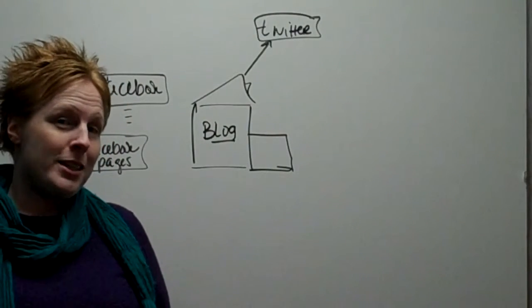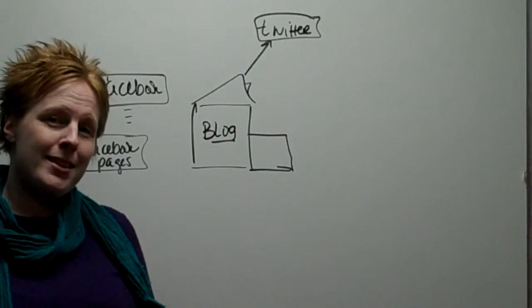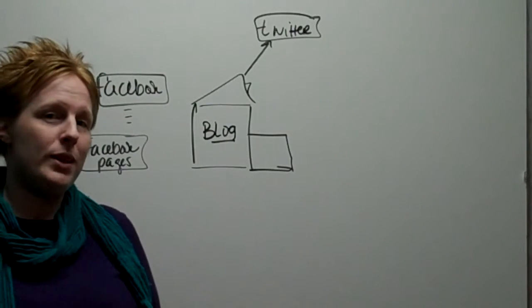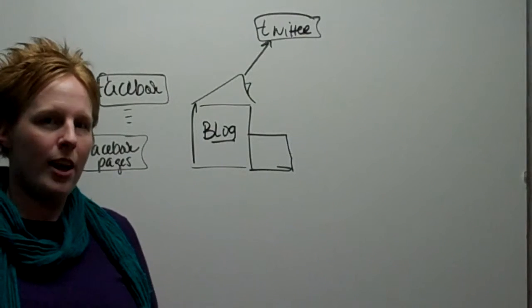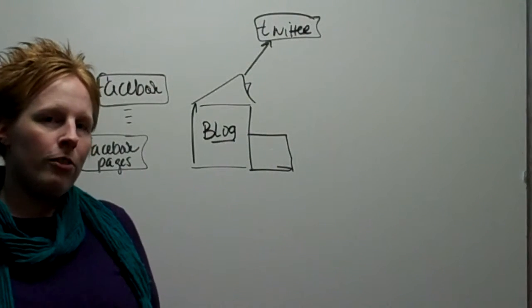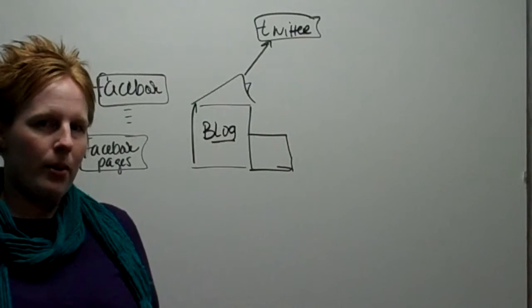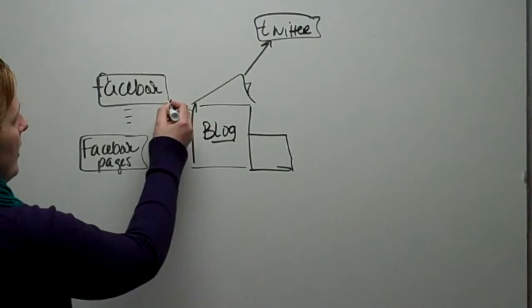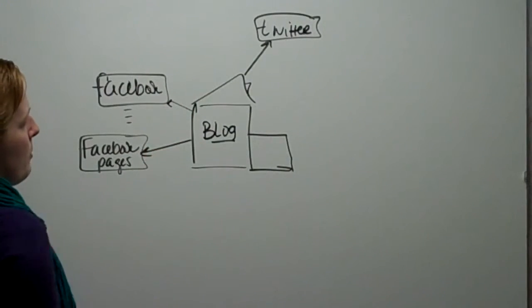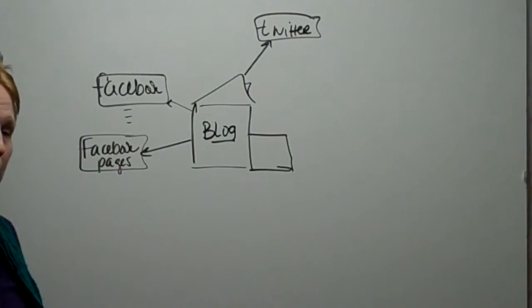People say, well, where's the best place for me to put this? Well, it depends on who's going to be reading that. So we tend to want to try several different methods and find out where you get the most traffic. But again, this isn't more work for you. Once you set it up, it's all automatic every time that you hit publish. So I hit publish on the blog, and it heads over to my Facebook pages and my Facebook account.